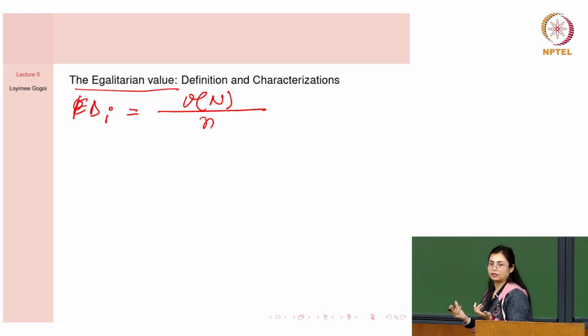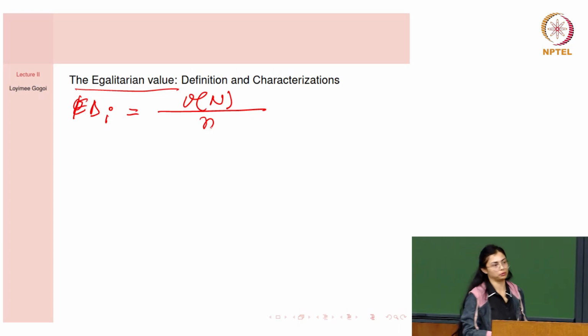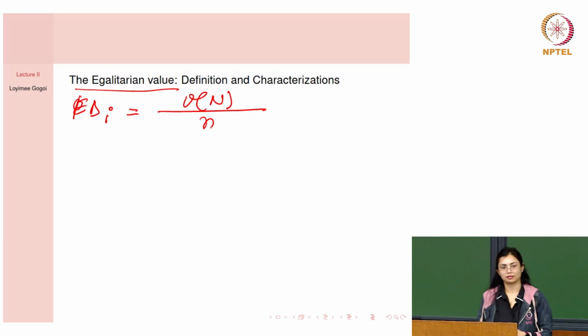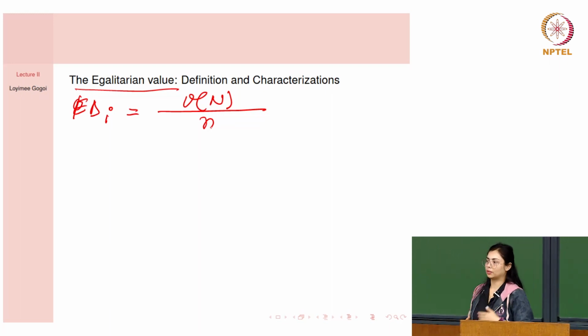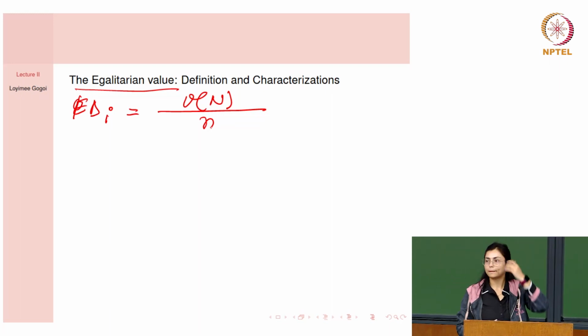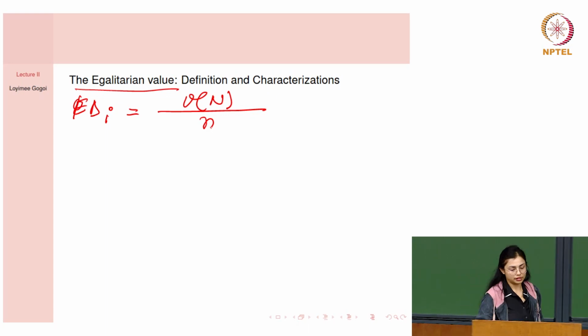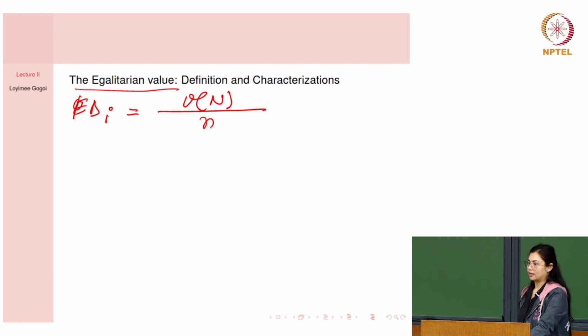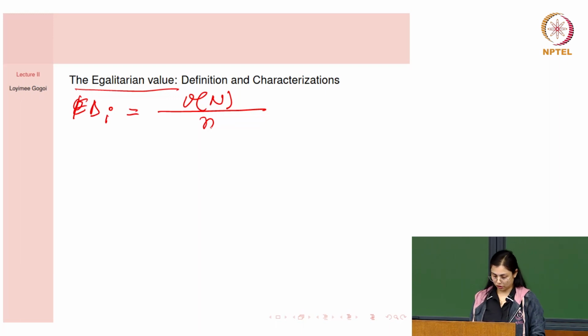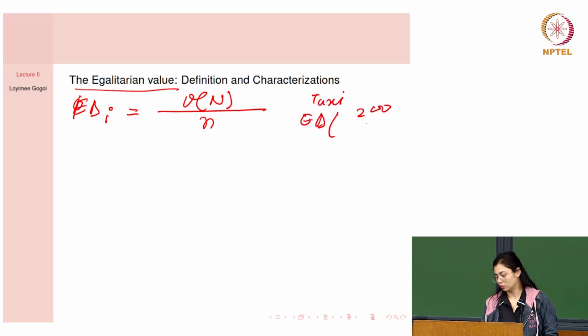We equally distribute it among the children, right? Can you think of any other example? In the taxi example, if everybody gives 200 rupees equally, that's an equal distribution. In that example, equal division will be 200 by 3 for each player.